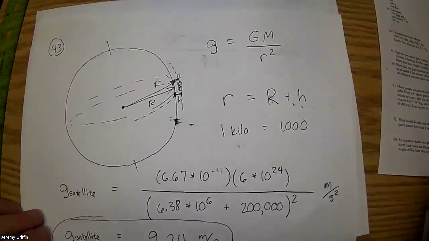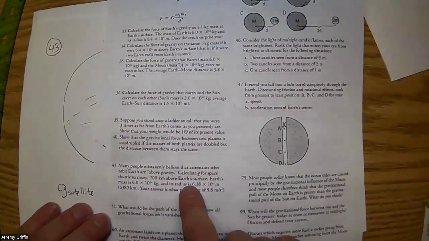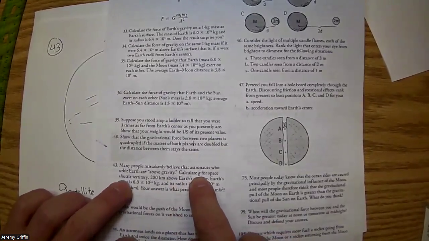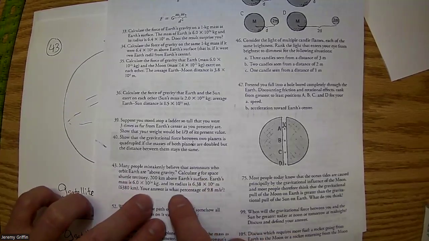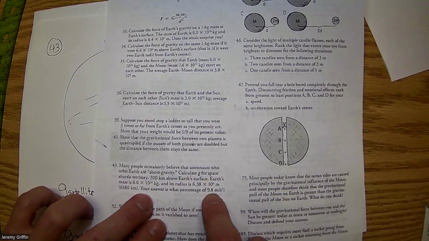It's just an extension question. So calculate g for space shuttle territory, which we just did. We got 9.24 meters per second squared. But there's another question that says, your answer is what percentage of 9.8 meters per second squared? So we're trying to do that right now.